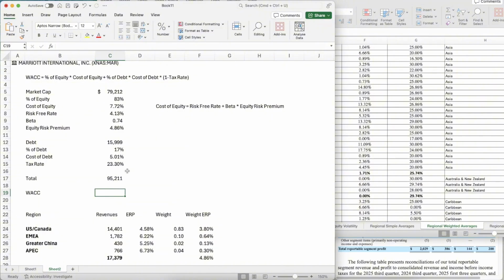Okay, so now we can calculate the WACC. The WACC is this formula up here. So we start with the percentage of equity multiplied by the cost of equity. Actually put this first section in brackets. Plus your percentage of debt multiplied by the cost of debt multiplied by 1 minus your tax rate.